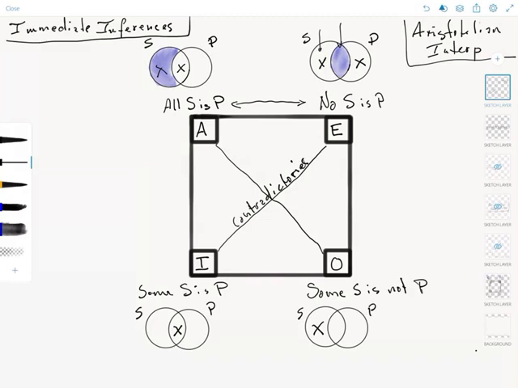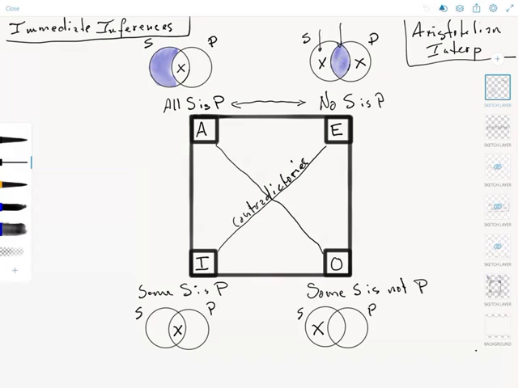But over here, if the E were false, then there has to be an X where the shading is, and that's exactly what we have over here with the A. So when we ask the question, can they both be false at the same time? The answer is yes, they could both be false.